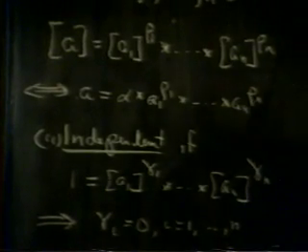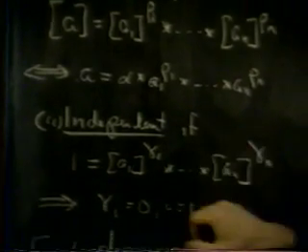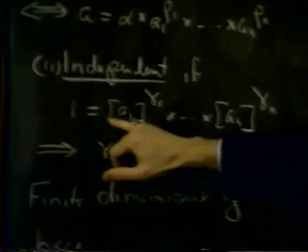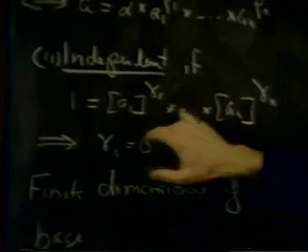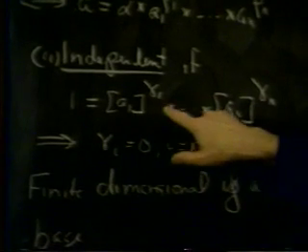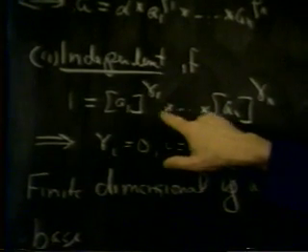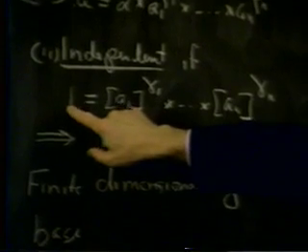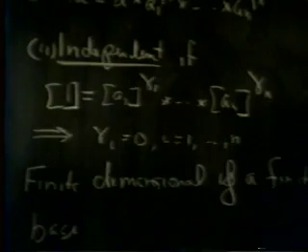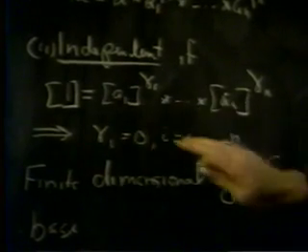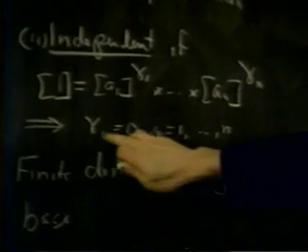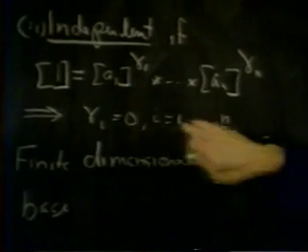I will say the base is independent if the equation that some set of powers of the base dimensions composed to be dimensionless, to be really the dimension of 1, the identity of the vector space, implies that all of the exponents have to be 0.